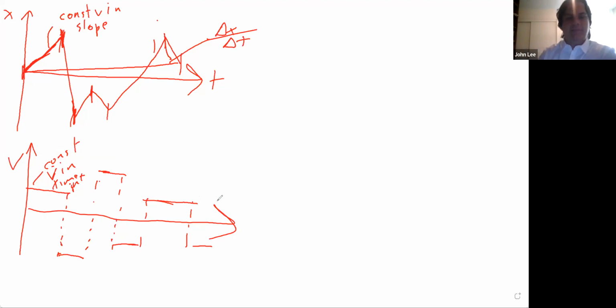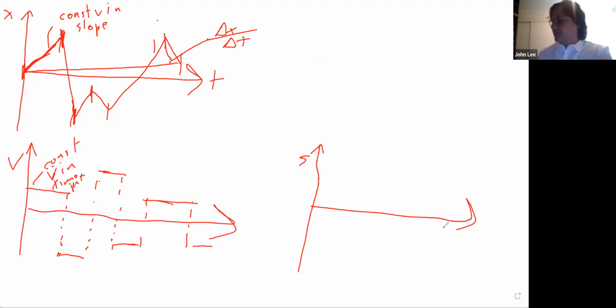And if we were talking about speed versus time, it would just be the absolute values of all of these velocities.